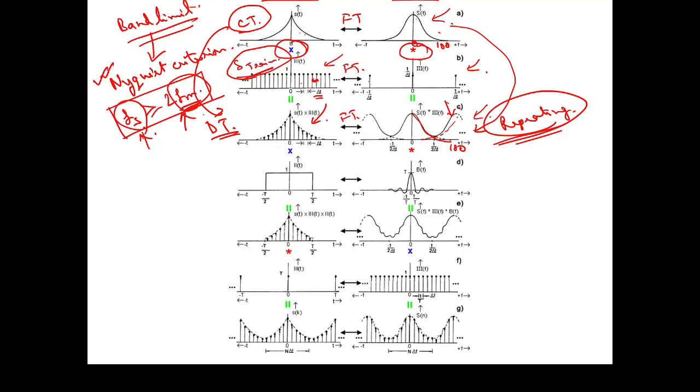Now since it has to be sampled, in the previous case, when we were sampling in the time domain, we went for band limiting. Similarly, when we are sampling in the frequency domain, we have to time limit the signal.